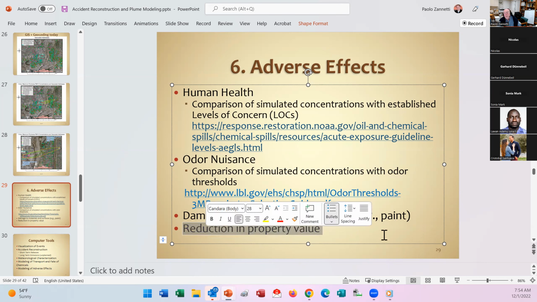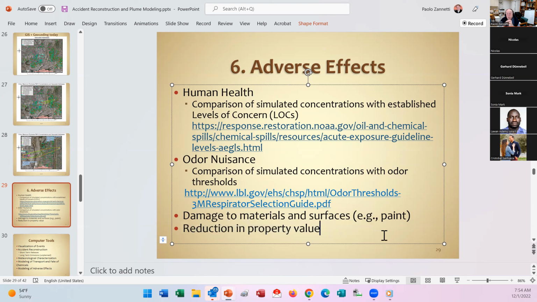This is a very interesting issue. You need a real estate specialist to work with your team to calculate the reduction in property value because you live in an area that has been affected by an air pollution accident. And, you know, some people will say, I'm not going to buy a house in an area that is affected by an accident.